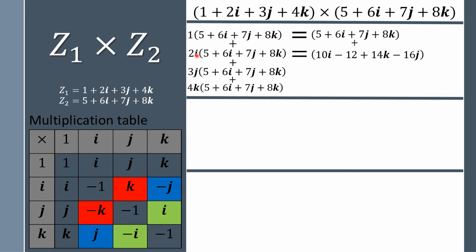And then we have 2i times 8k, 2 times 8 is 16, i times k is negative j, so that's negative 16j.